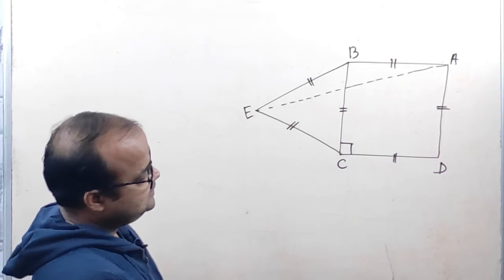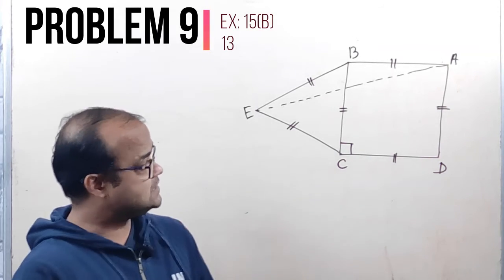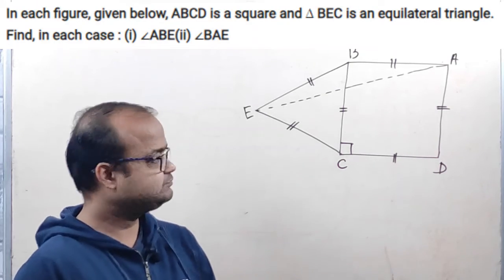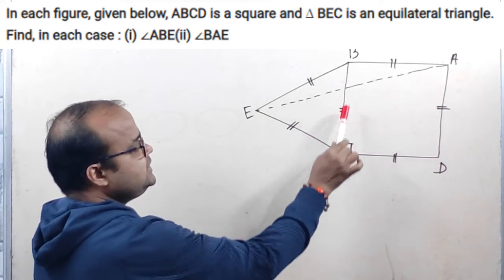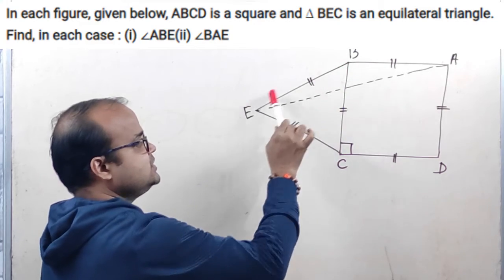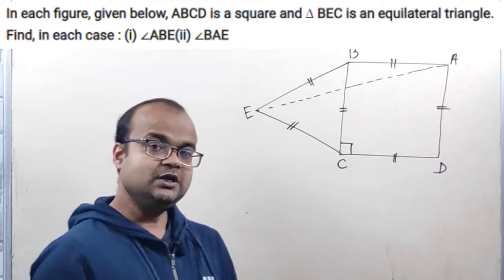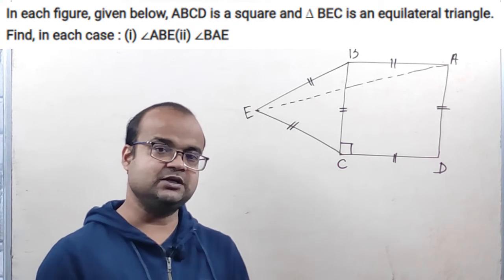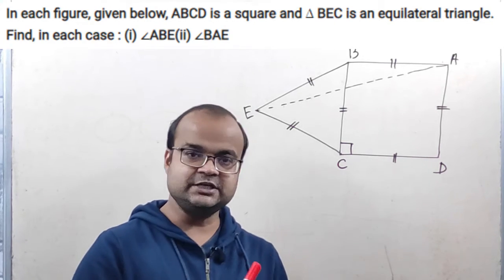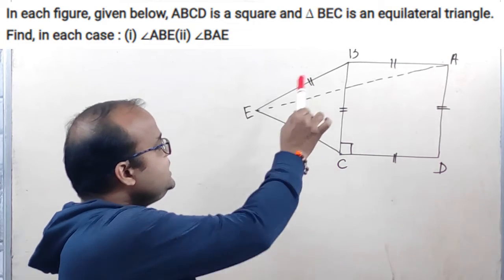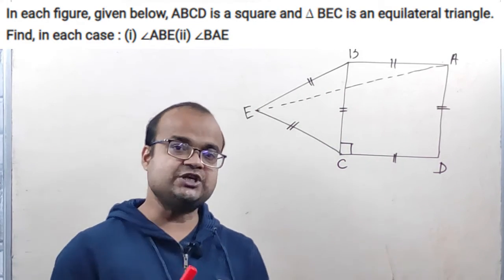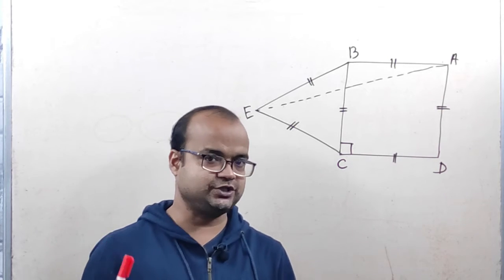Now our next problem is ABCD is a square and BEC is an equilateral triangle. ABCD is a square, that means each angle is equal to 90 degrees, and BEC is an equilateral triangle, that means each angle is equal to 60 degrees.